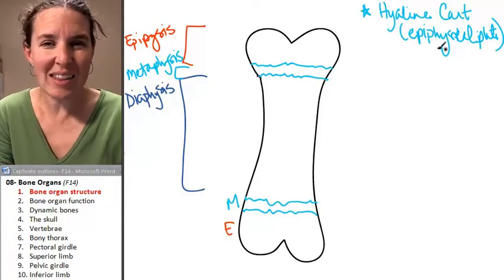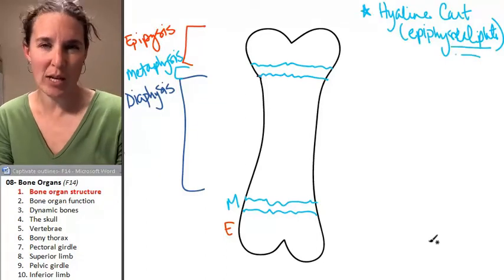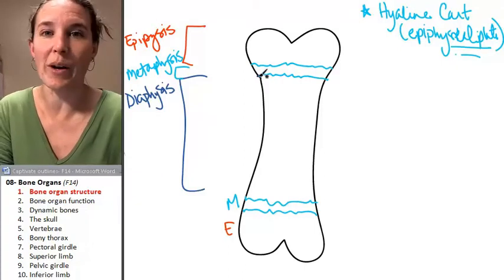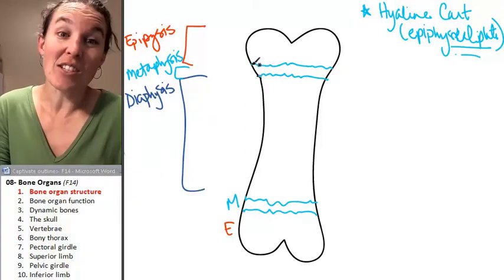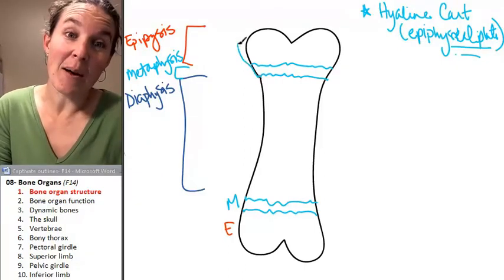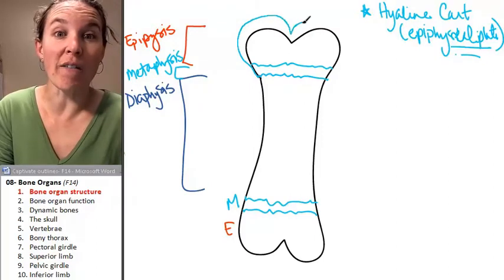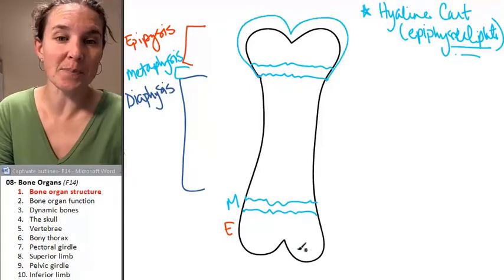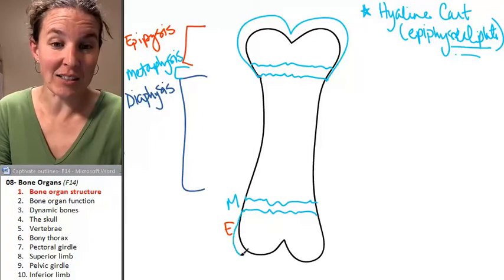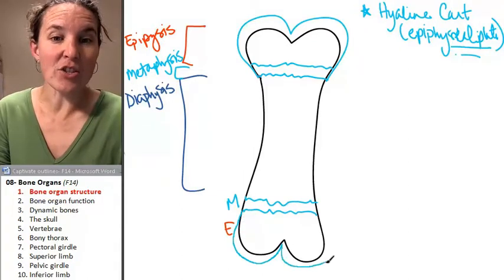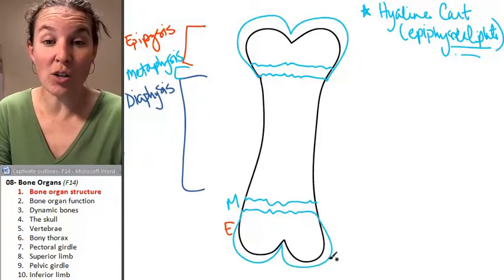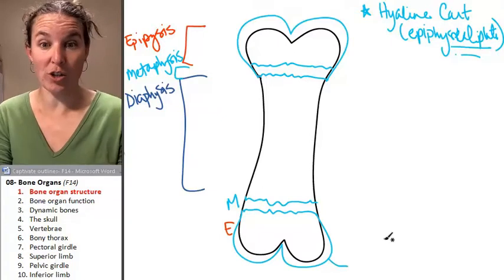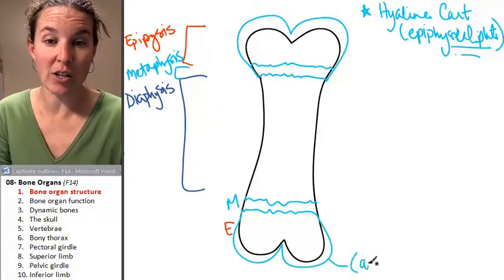So the epiphyseal plate is only present when you're growing. There's another use of what kind of tissue is this? Hyaline cartilage. And so we use hyaline cartilage to also build a structure called articular cartilage.